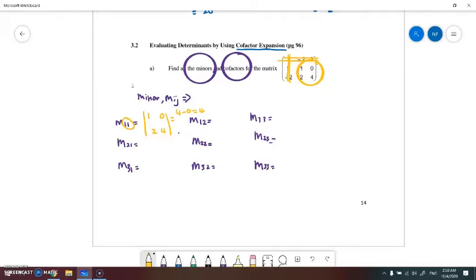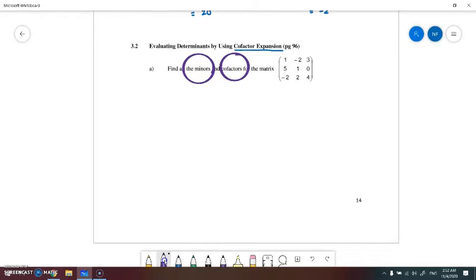If you want to find the second row, third column, you just have to close the second row and third column. So you will have 9 minors. We represent them with Mij, where i means the row and j the column.